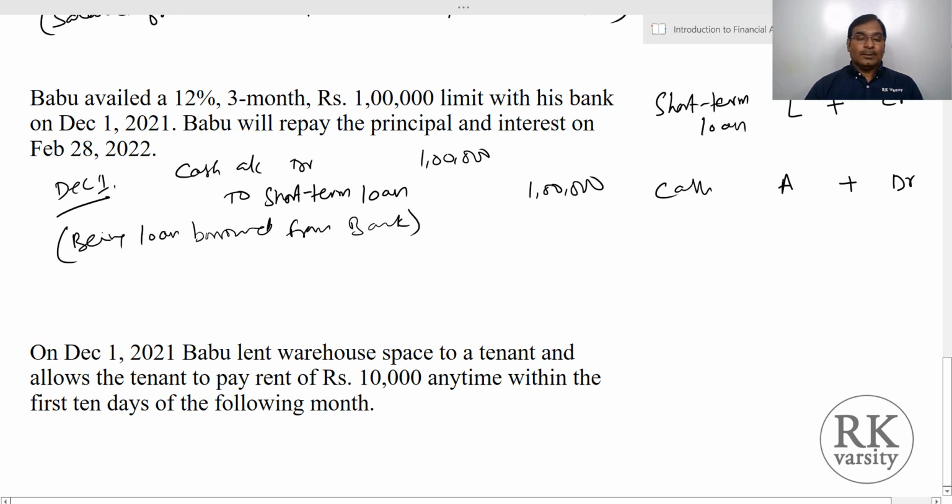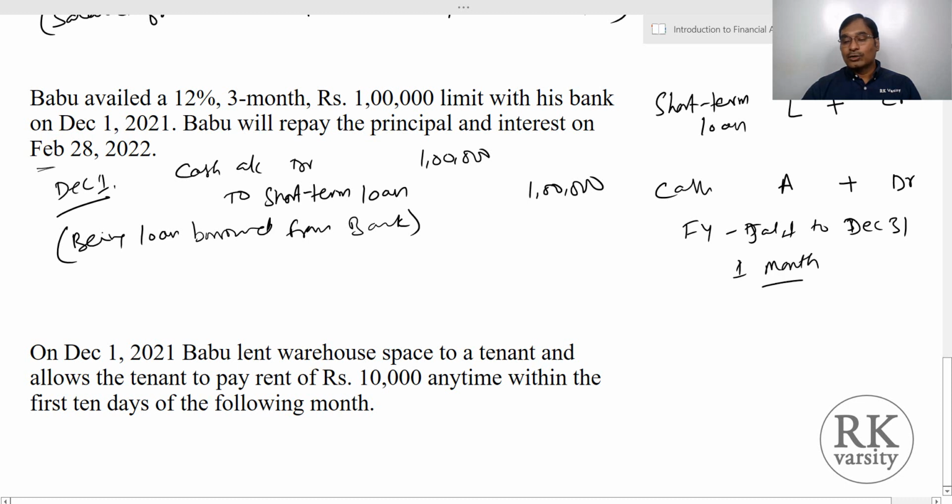Now on December 31st, we are saying that Babu will repay the principal and interest in February, but this loan is for 3 months. However, in the current financial year or fiscal year, that is Jan 1st to December 31st, we have 1 month here.